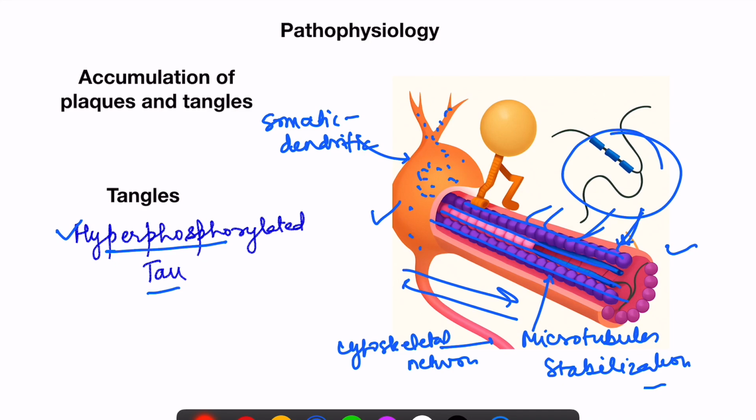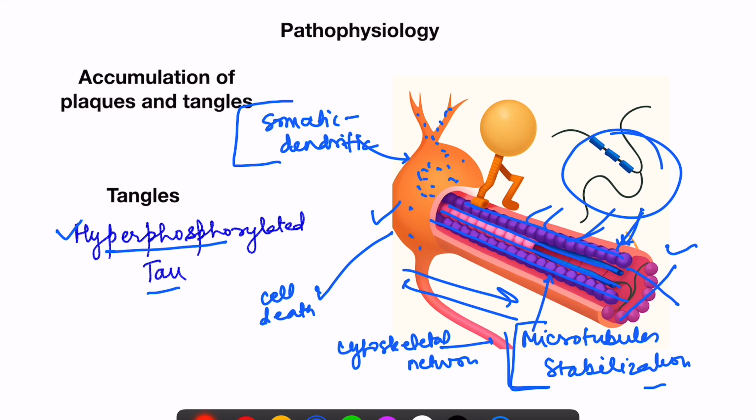Now it has moved away from the microtubules into the soma, that is the cell body of the neuron, and into the dendrite. So that is known as somatic dendritic distribution of tau. And when this gets removed, there is destabilization of these microtubules. So they break down. And now the transport of the substances from one end of the neuron to the other end of the neuron doesn't become possible. Ultimately, it leads to cell death.